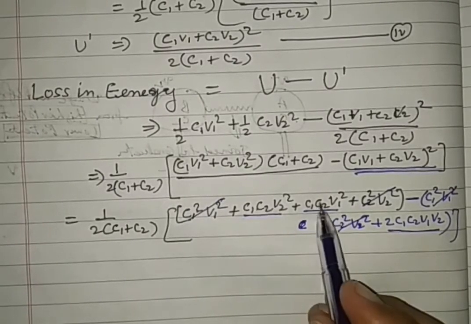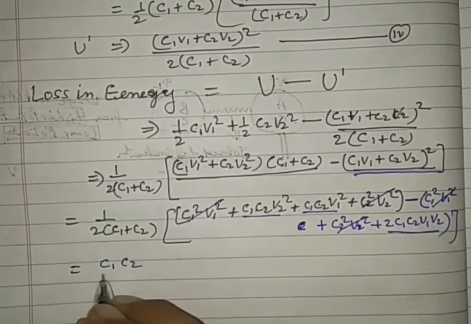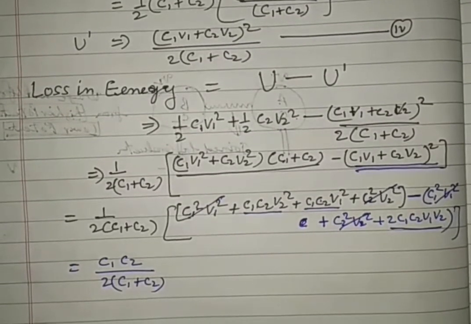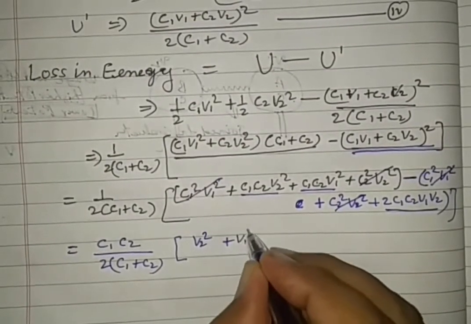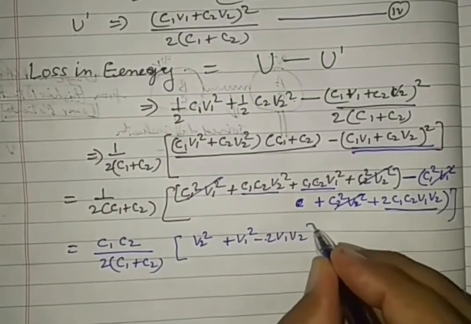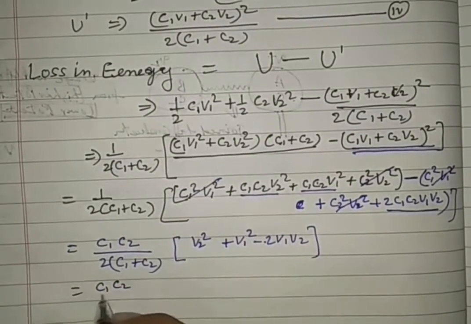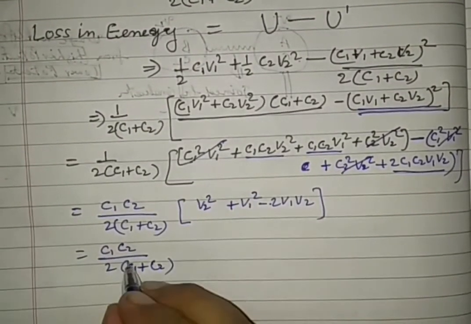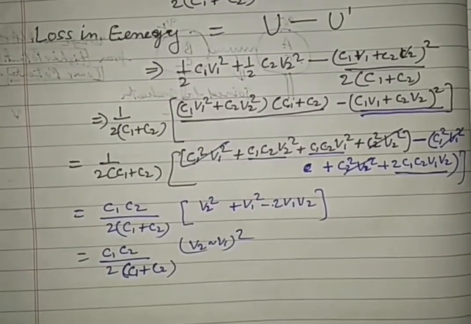In this, C1 C2 is common. So we may write C1 C2 by 2 times C1 plus C2 into V2 square plus V1 square minus 2 V1 V2, or we may write C1 C2 by 2 times C1 plus C2 into V2 minus V1 whole square.